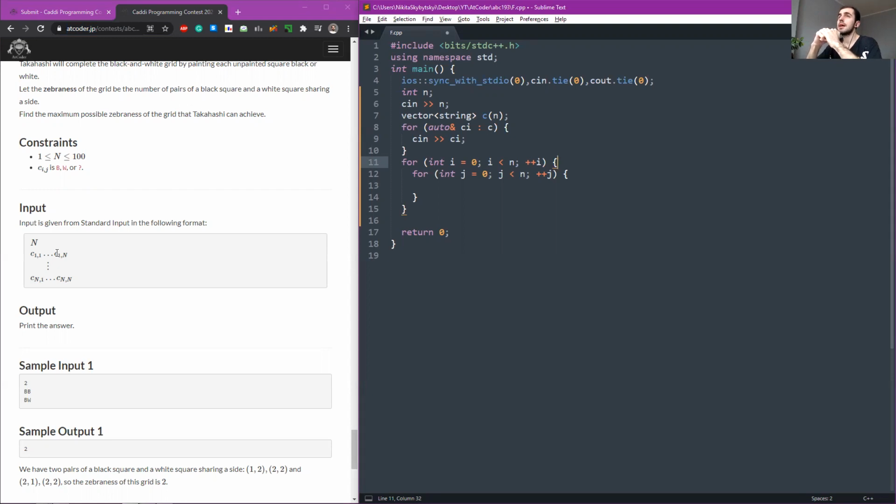So we have to do something smarter. We have to do something smarter. And I don't know what. That's kind of problematic here.